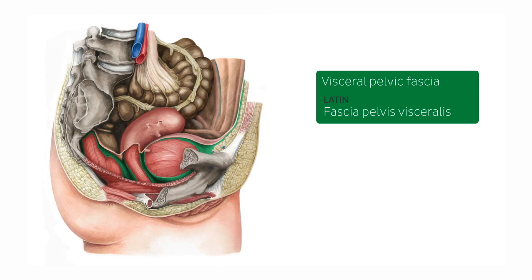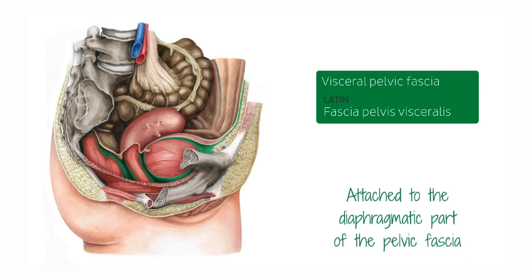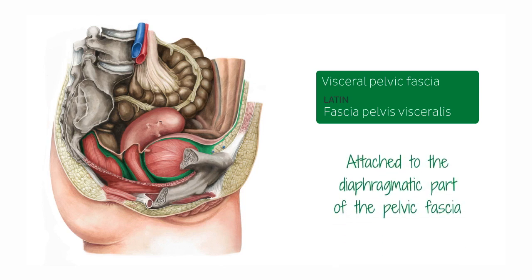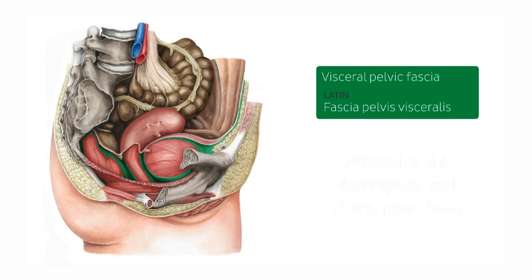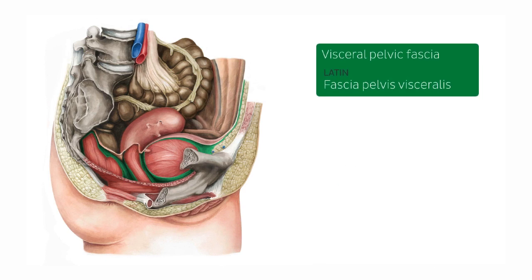The visceral pelvic fascia is attached to the diaphragmatic part of the pelvic fascia and has been subdivided according to the viscera to which it is related. We will be quickly listing the divisions of the visceral pelvic fascia here.